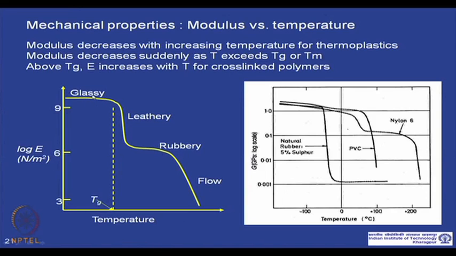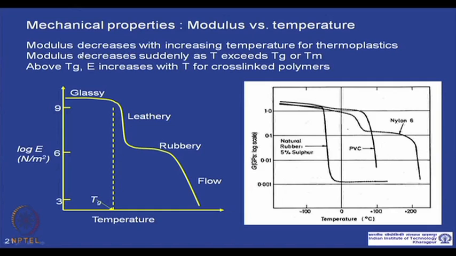As we know, polymers undergo glass transition and melting transition at an elevated temperature. For example, if you have a purely amorphous material, it undergoes glass transition at Tg, whereas semi crystalline polymers undergo both glass transition and melting at Tg and Tm subsequently. So, the modulus also changes with temperature.